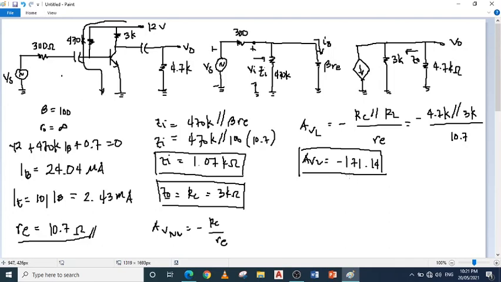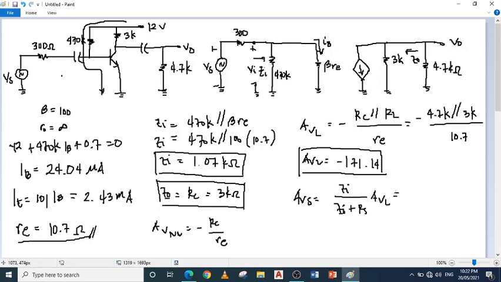And then for AVS, it's like a voltage divider. We have ZI over ZI plus RS times AVL.